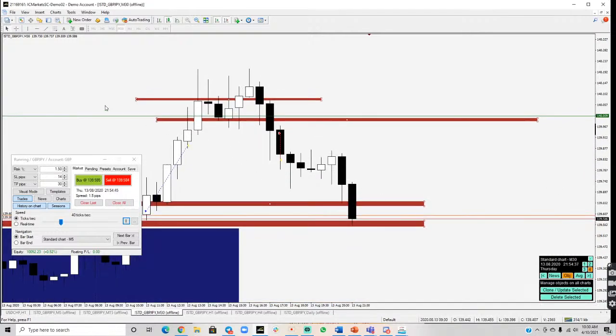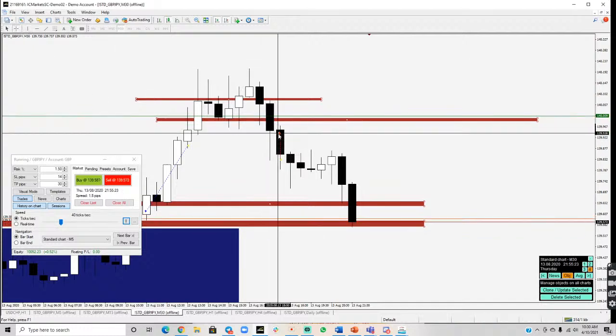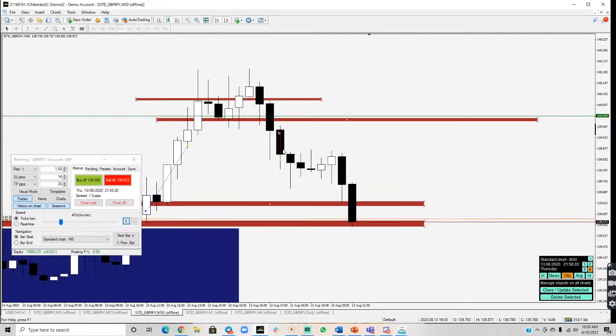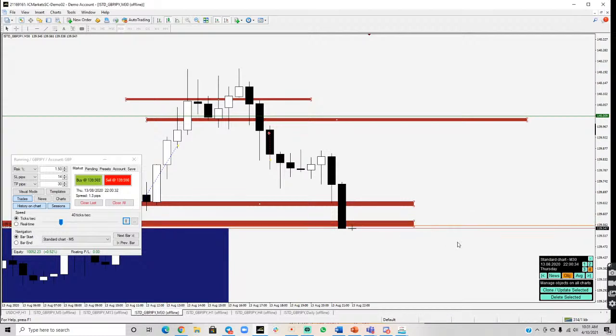All right, and as you can see, we are just pushing towards the downside. Look at that. This is over 38 pips. So this trade alone would have gave us over $200 after we secure 50% of the position right here.